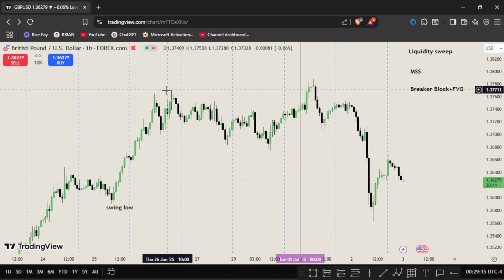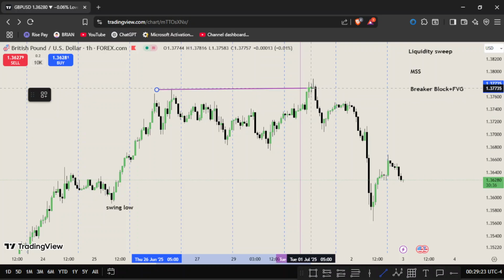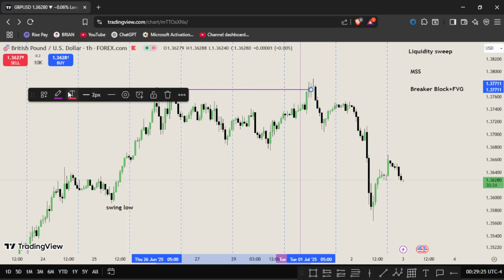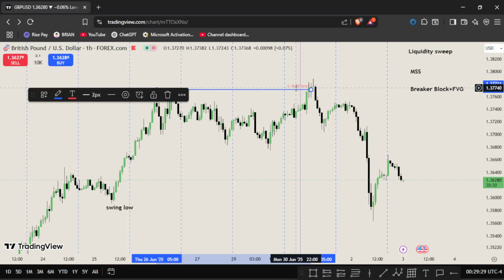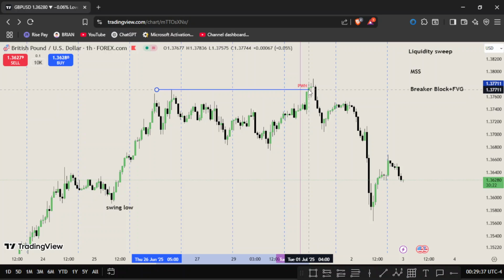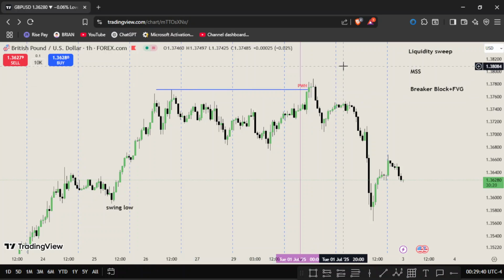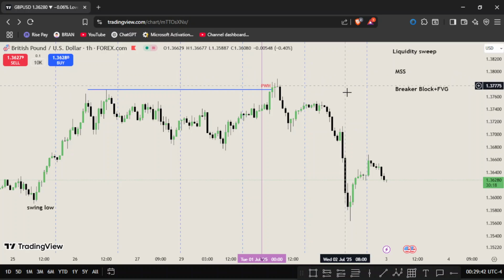This was previous week high. Let me mark it out. Here we do have previous week highs. There we do have previous week highs.